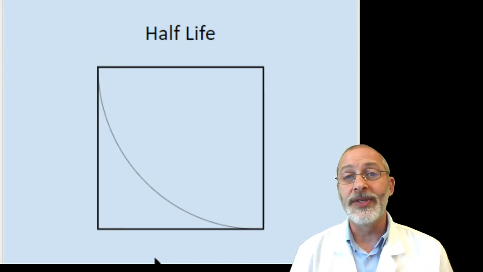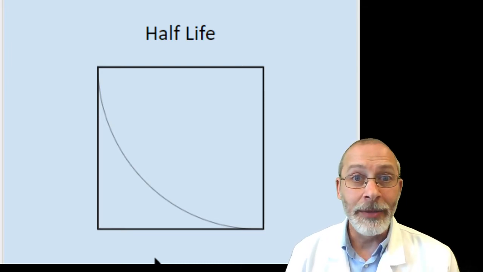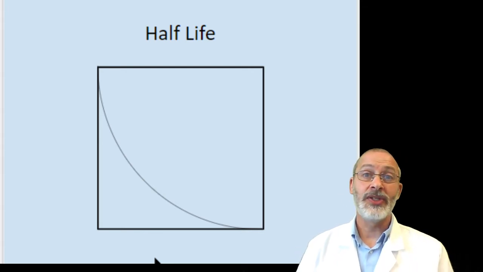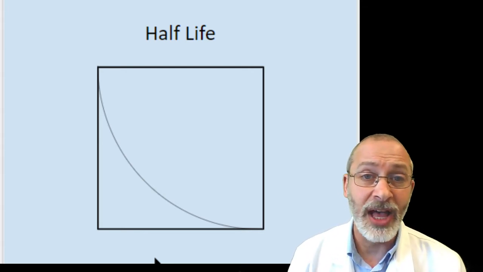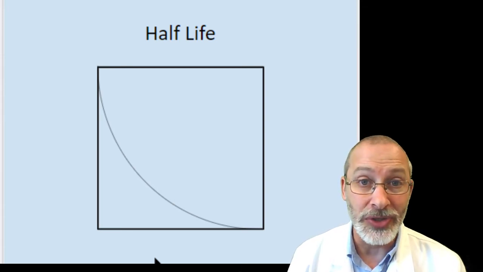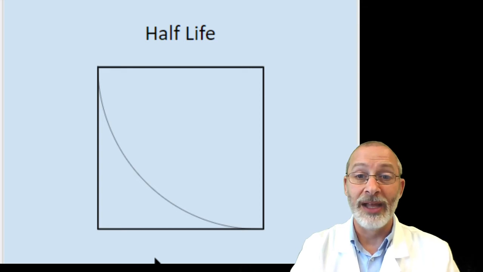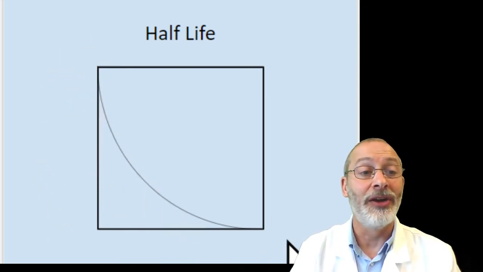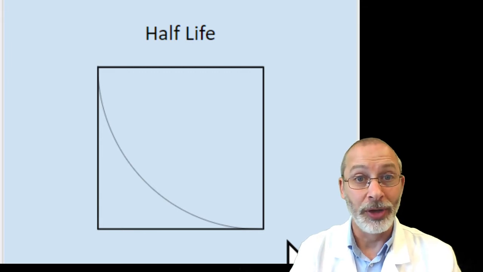And we'll discuss that there are some atoms that have half-lives of milliseconds, and there are some elements that have half-lives of thousands, millions, or billions of years. So depending upon the element, this graph may extend on for a very long period of time.